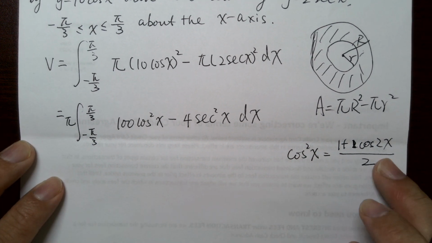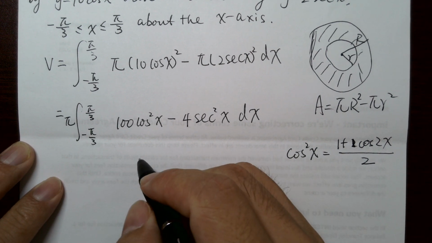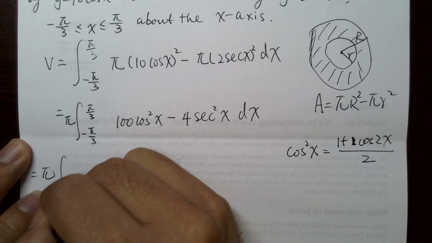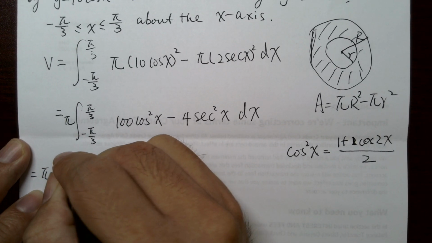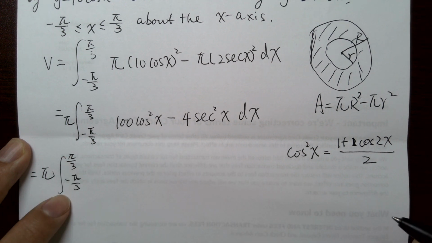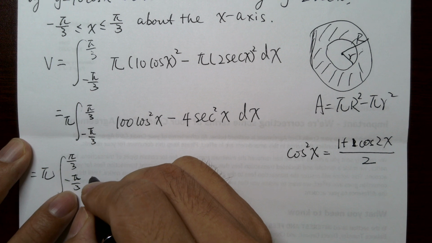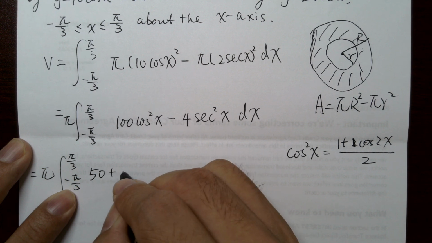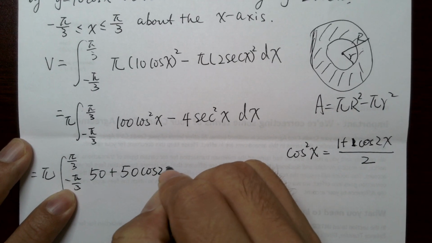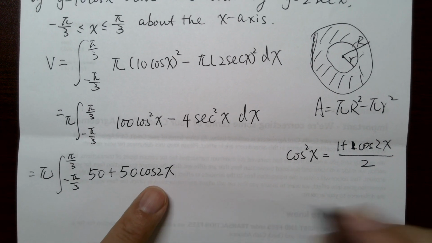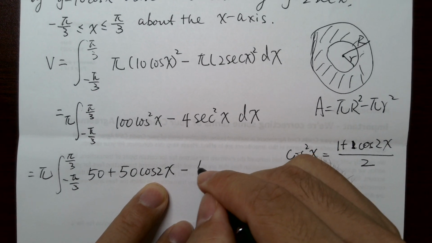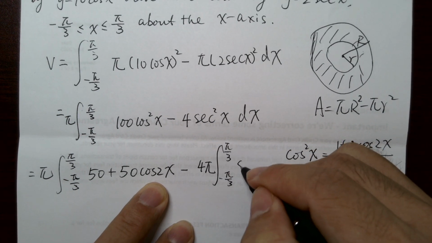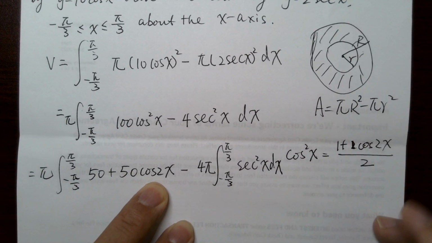We're going to use this identity to make a substitution, and that will give us the integral from negative pi over 3 to pi over 3 of 50 plus 50 cosine 2x. And then minus 4 pi, the integral from negative pi over 3 to pi over 3 of secant squared x dx.